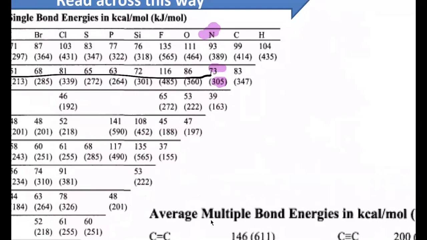I like working in kilojoules myself, but whatever you work in, all the values have to be in the same unit. You can't work in one unit for one bond and another unit for another bond. The bottom number is in kilojoules per mole, and the top number is in kilocalories per mole.